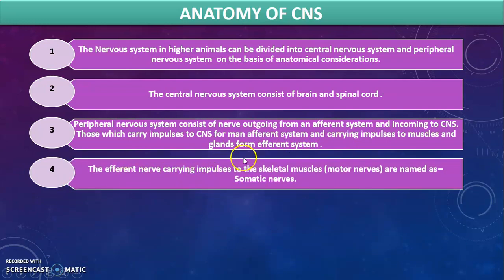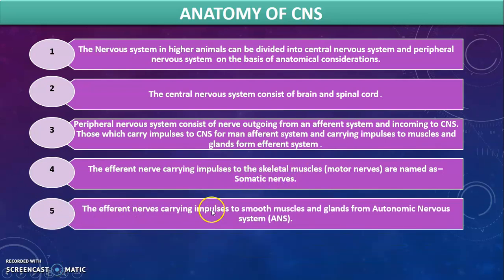Efferent nerves carrying the impulses to the skeletal muscles are motor nerves, named the somatic nerves. The nerves which carry the impulses to the skeletal muscles are known as the somatic nerves.